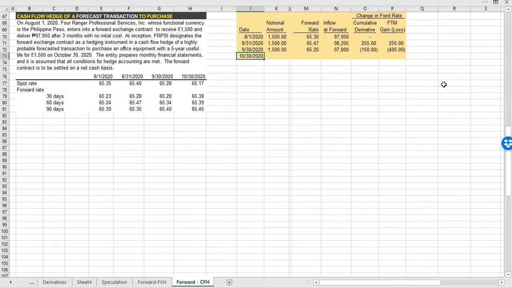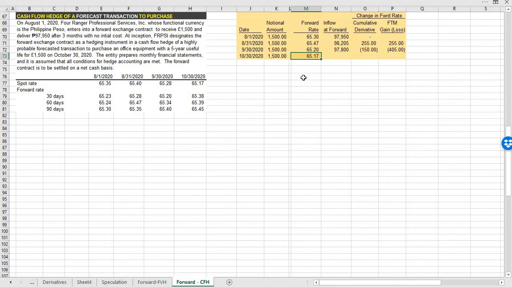Then lastly, let us proceed to the date of settlement, October 30, 2020. So this time, hindi na expected inflow at hindi na forward rate ang ating gagamitin, kasi ito na yung date of settlement. So ang ating basis na ng computation is the spot rate. So let's start with the notional amount. So ang notional amount, 1,500 British pounds multiplied by the spot rate on this date, that is 65.17. So dito na lang sa column na to, pero ibahin natin yung kulay kasi ito ay spot rate.